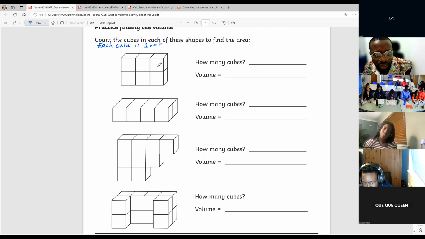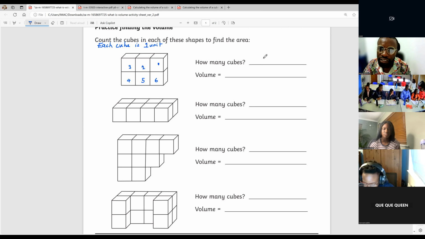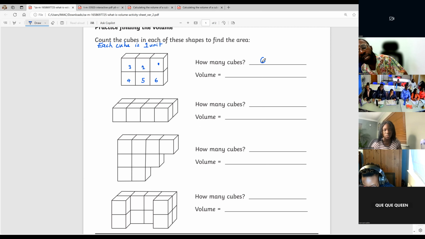This is 1, 2, 3, 4, 5, 6. So the number of cubes is 6.